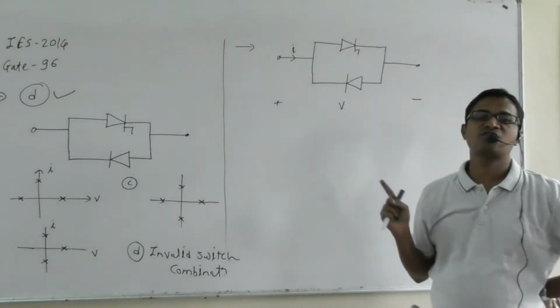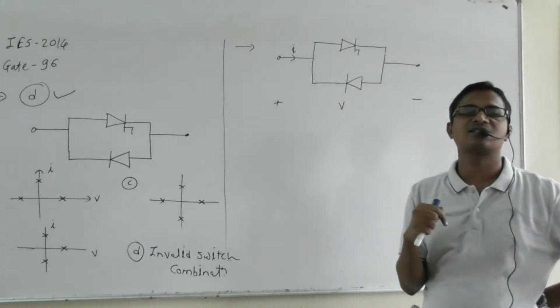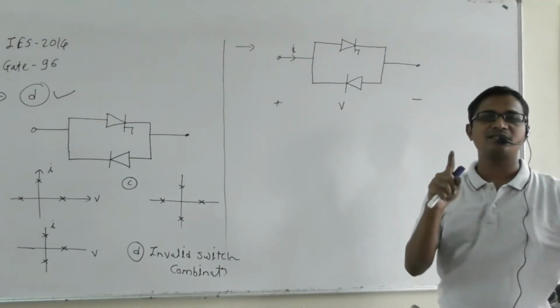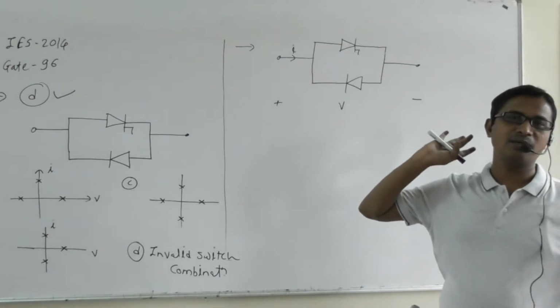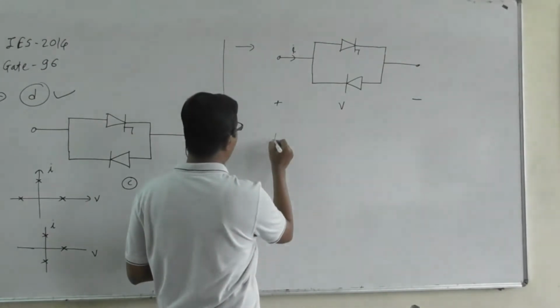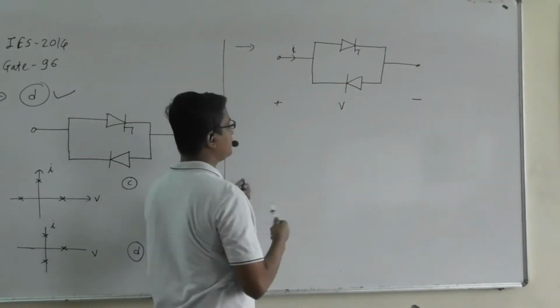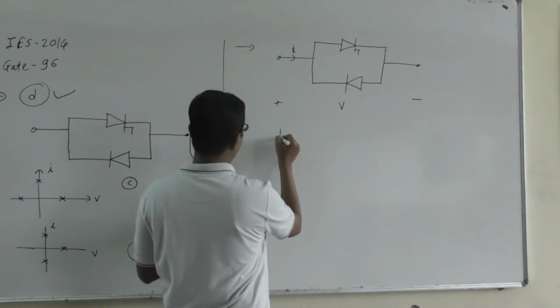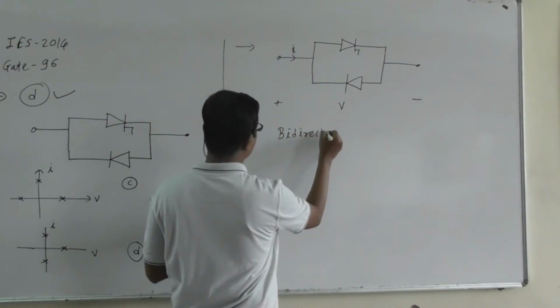So this switch combination allows the forward current as well as the reverse current, positive current as well as negative current. So it is a bidirectional switch. Are you getting the point? This switch is bidirectional.